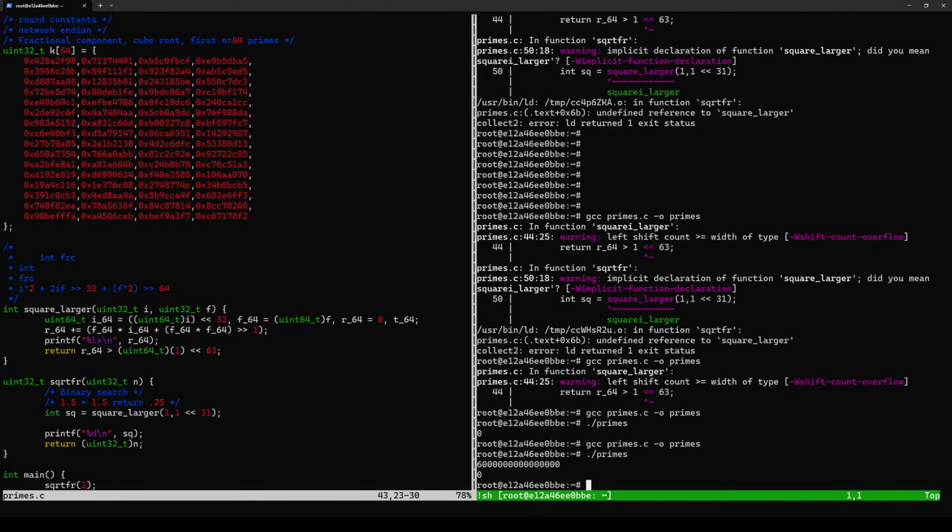How large is that? Let's see. So that is a 6, and to be bigger than that, it would need to be an 8.